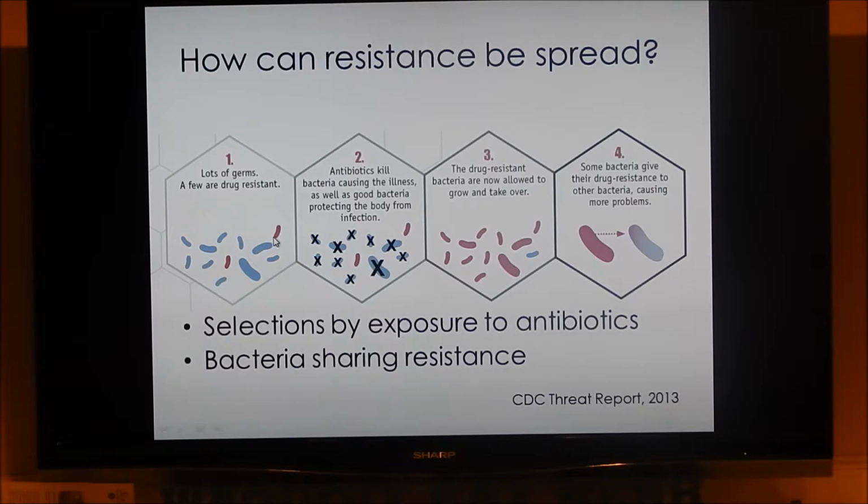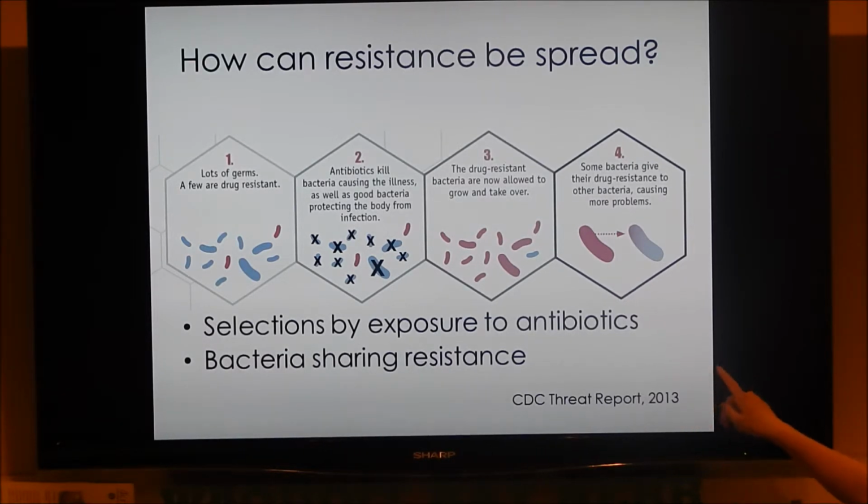If we treat a human with antibiotics, the ones that are sensitive are going to die off, which is what these little X's are showing. The resistant ones are still alive, so they're going to stay around. And because all the other ones are gone, there's not as much competition, so they're going to take over and there's going to be a lot more of them. That's the selection that happens by exposure to antibiotics.